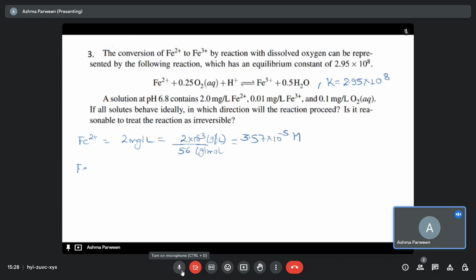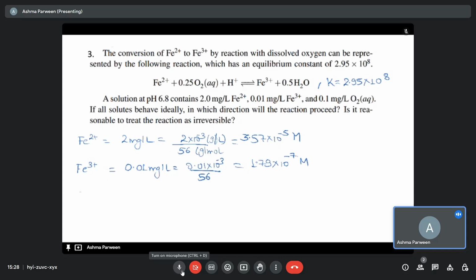And after converting Fe3+, it is 0.01 milligrams per liter. Similarly, it will be 0.01 × 10^-3 upon atomic mass, that is 56. So we are getting Fe3+ as 1.79 × 10^-7 M.